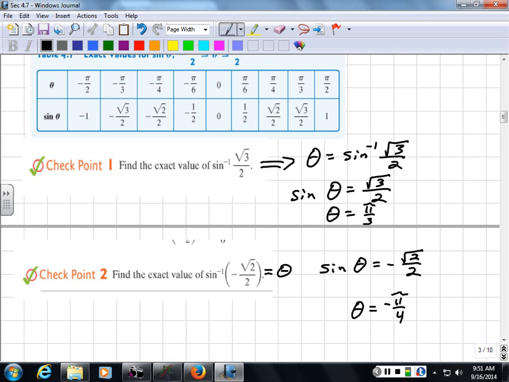Now, how many of you guys who don't have this calculator got negative pi over 4 or negative 1/4 pi? Okay, which calculator are you using? Okay, that one does the same thing as this one does, so that's cool. You didn't, right? Which, by the way, didn't I say we can't use graphing calculators on this thing, or did I?